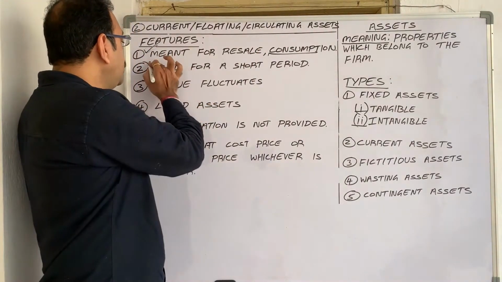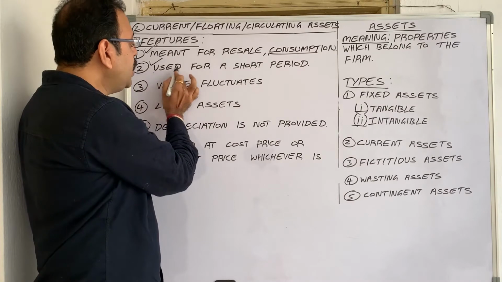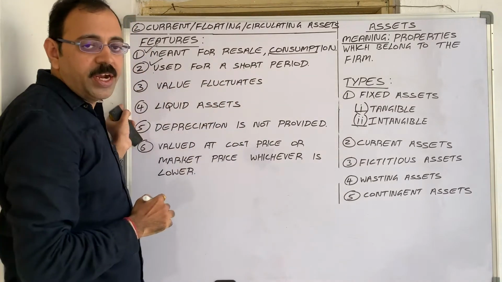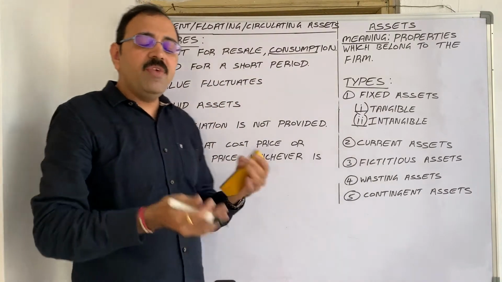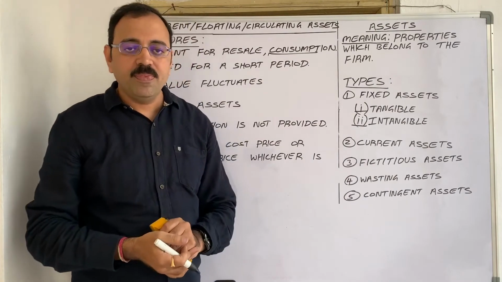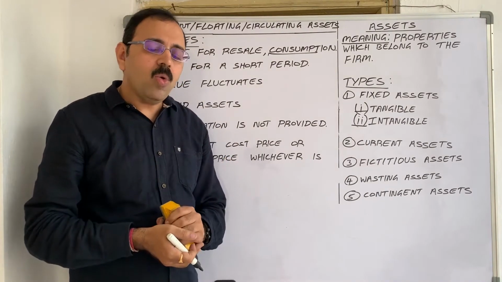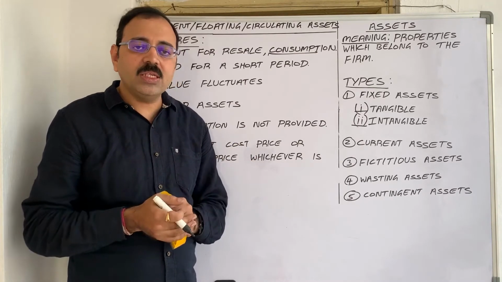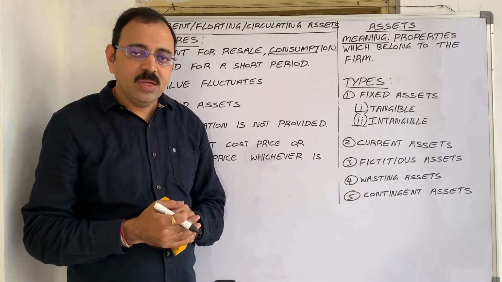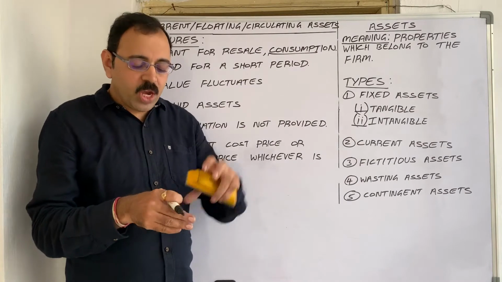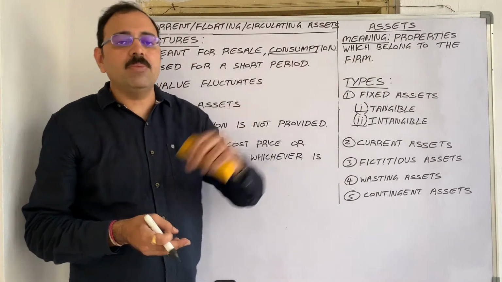Then second one is current asset is used for a short period. For example, if we are running one stationery shop, what are the goods to us? Stationery items. How long we keep these goods with us? For a short period only. So within 1 year, we are going to sell these goods to customers.